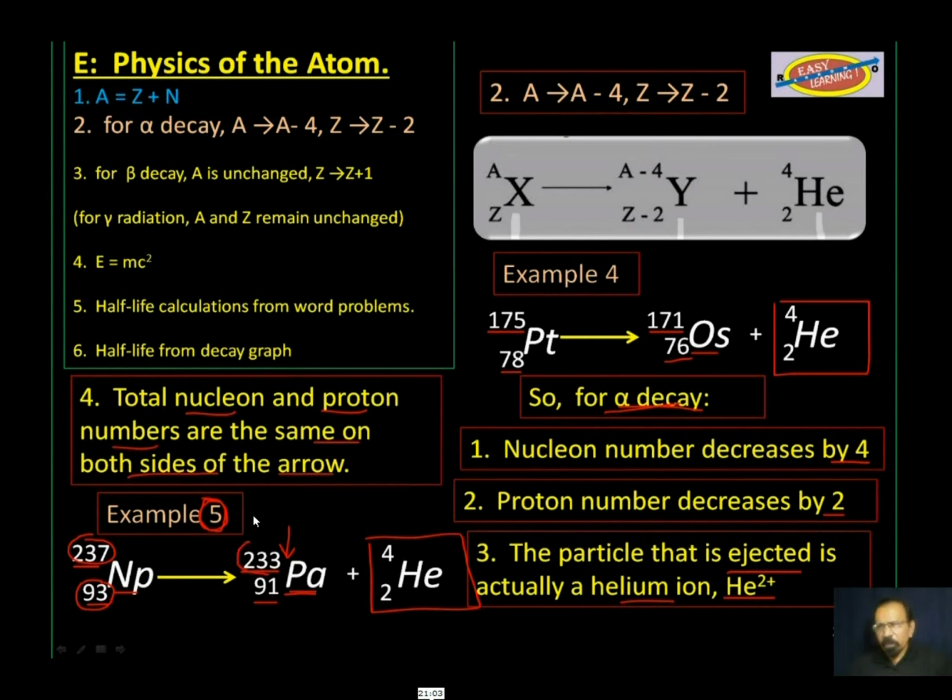So that 233 plus this 4 must be equal to that, and this 91 plus that 2 must be equal to that. And that is one of the nuclear reactions we need to know about. There are two. First one is alpha decay.